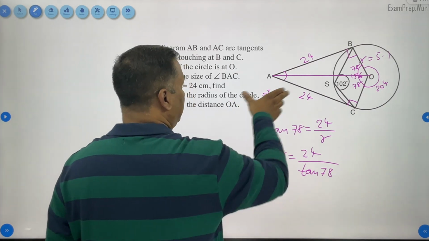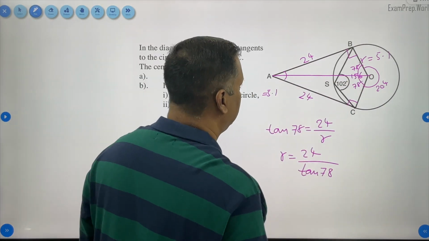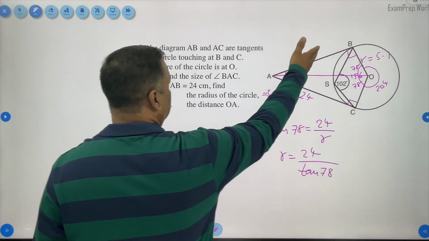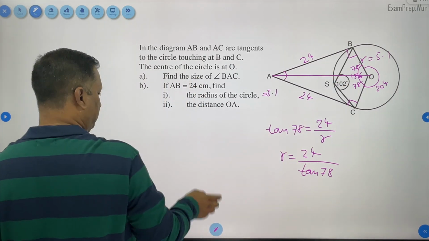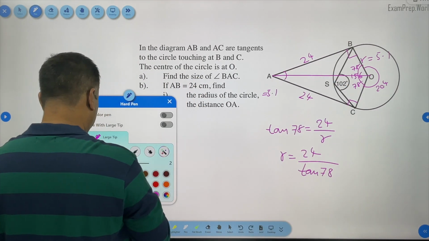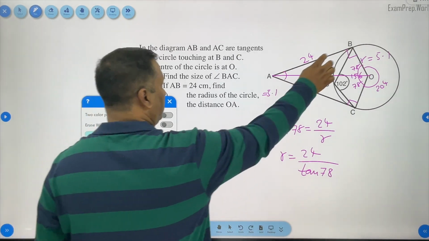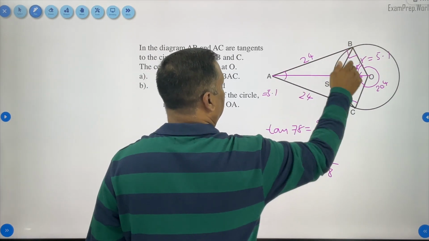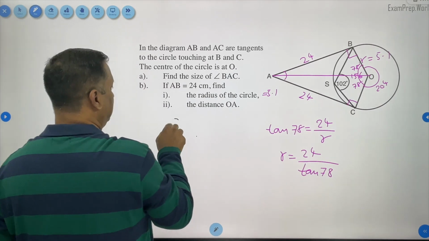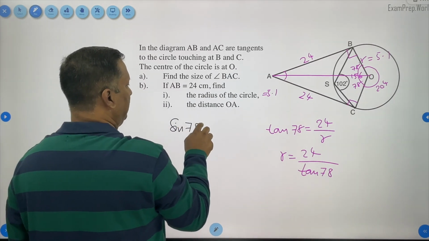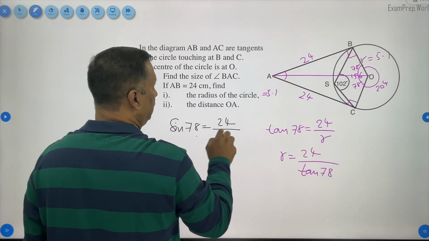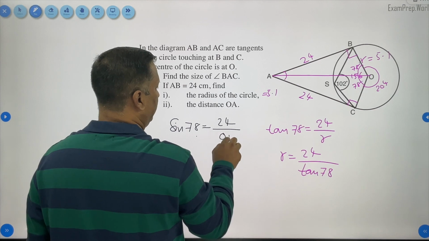Distance OA, once again we can use sine of 78, isn't it? We'll use this triangle, opposite over OA. We can write sine 78 equals 24 over OA.